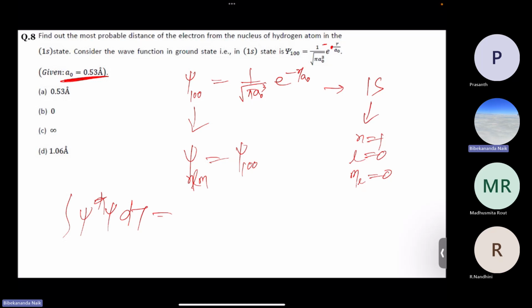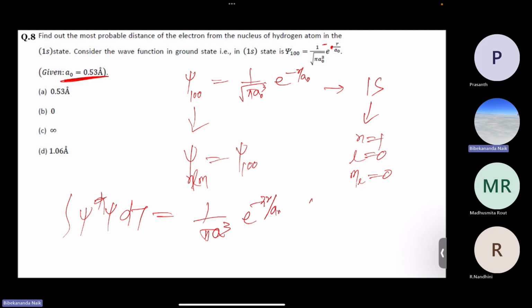Psi star is 1 by root over pi a0 cube. Here again the wave function is real, so the psi star psi product will be equal to psi mod square. So it will be 1 by pi a0 cube e to the power minus 2r by a0.